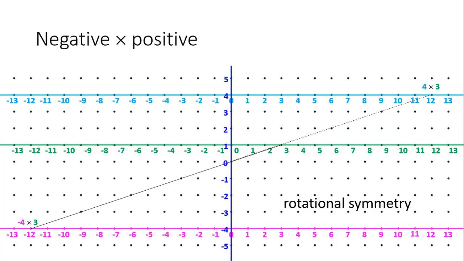They have been reflected at the origin, so to speak. So again, negative 4 times 3 is nothing but negative of 4 times 3. Same magnitude away from 0, but on opposite sides of 0. Okay.